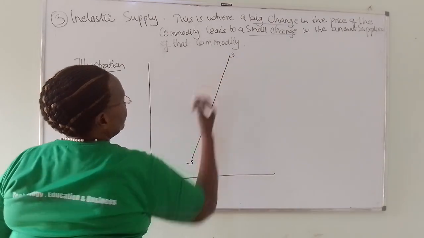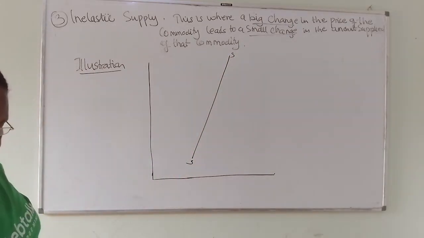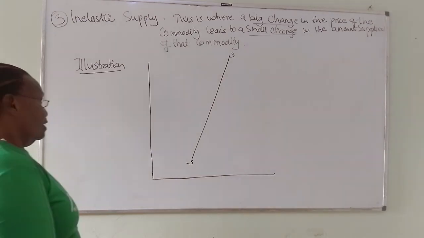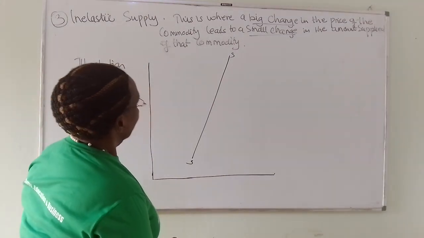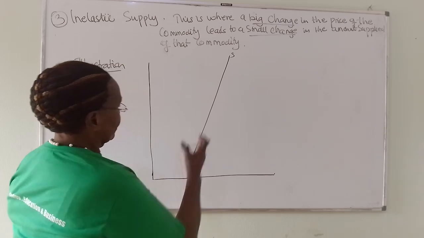So that is our supply curve now. And we are able to find the shape of the supply curve in regard to elasticity by the slope.